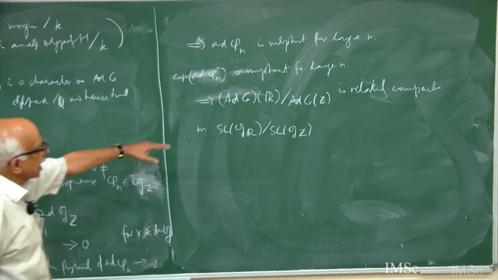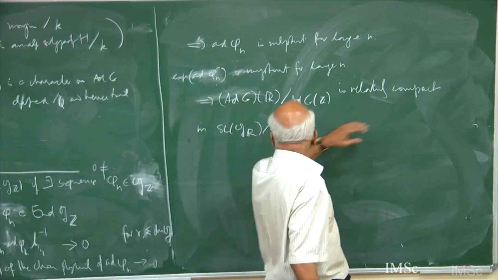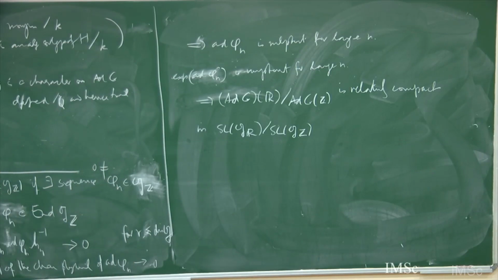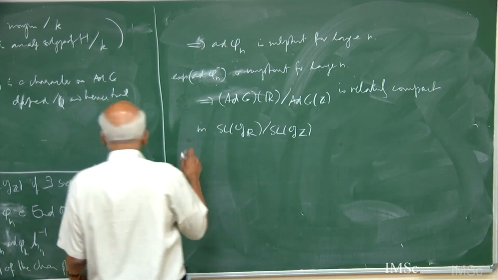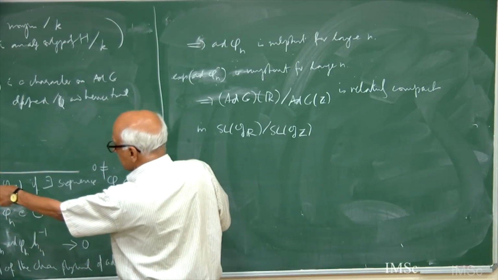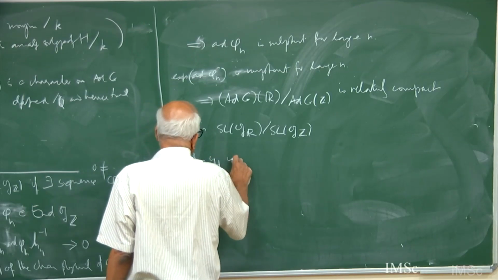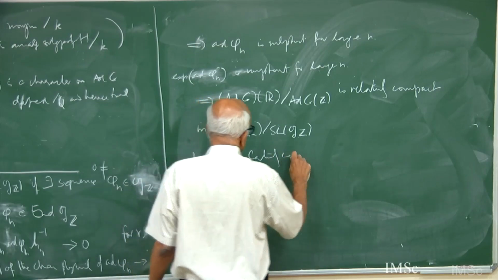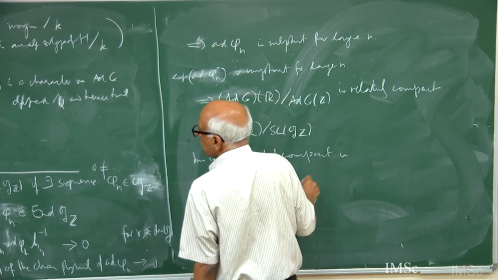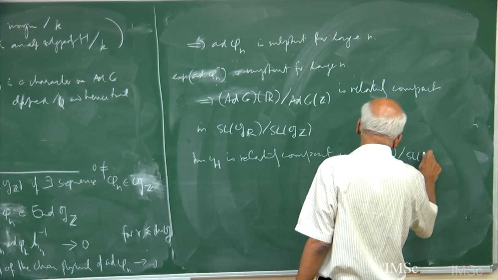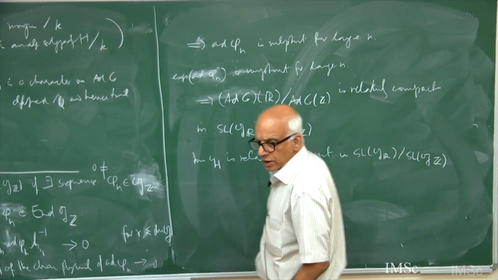So all this goes to show that Ad G_R modulo Ad G_Z is relatively compact in SL(g_R) by SL(g_Z). So you find that the image of Ad is relatively compact in SL(g_R) by SL(g_Z). So far that's the conclusion.